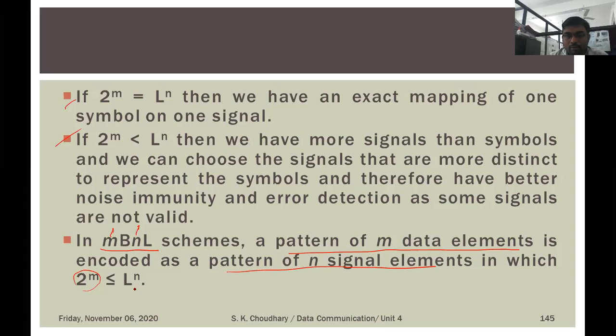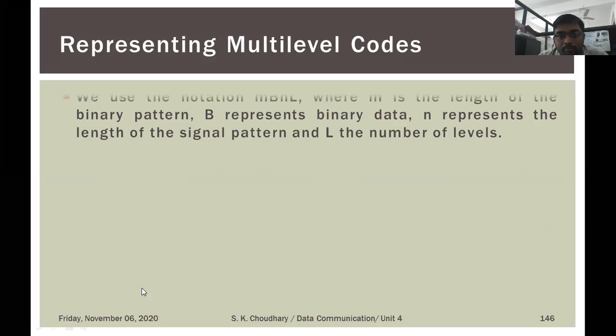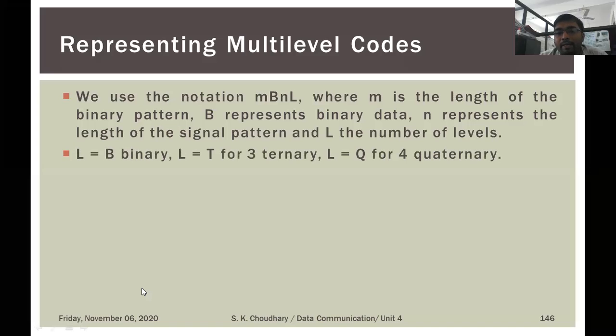Okay. So now we have to see one representation of this multi-level code. We use the notation mBnL, and we have already defined that m is the length of the binary pattern, B represents binary data, n represents the length of the signal pattern, and L is the number of levels. So remember the meaning of each alphabet. Okay.